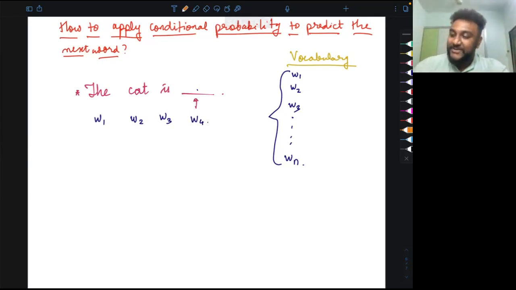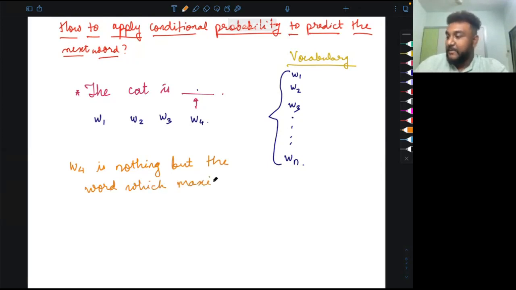I am now going to say word 4 is nothing but the word which maximizes the following probability.